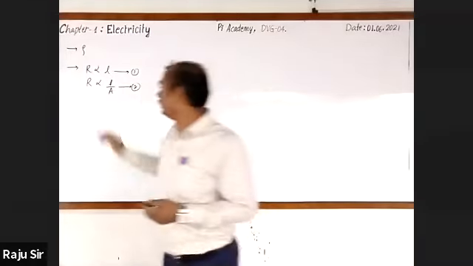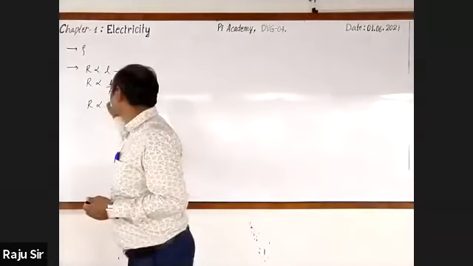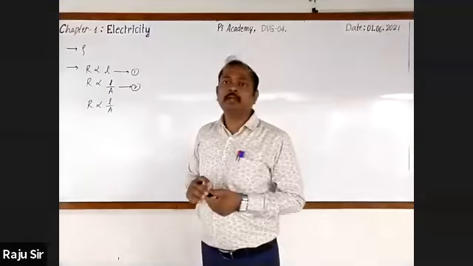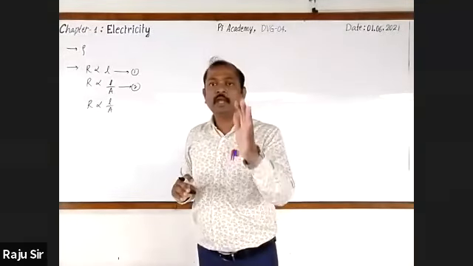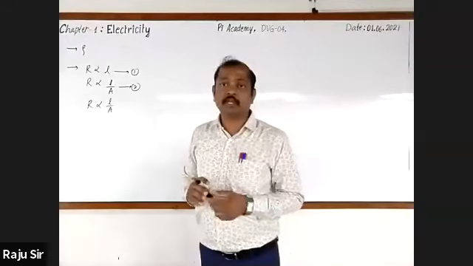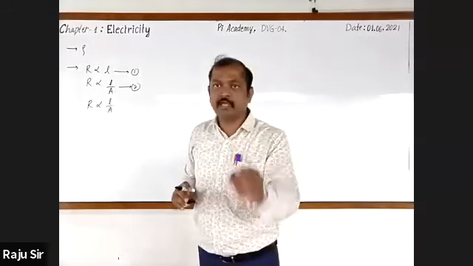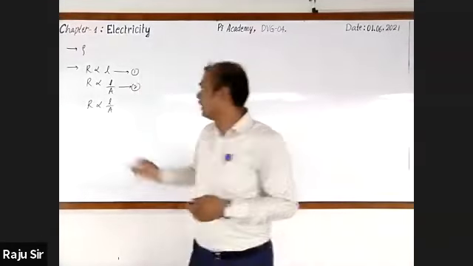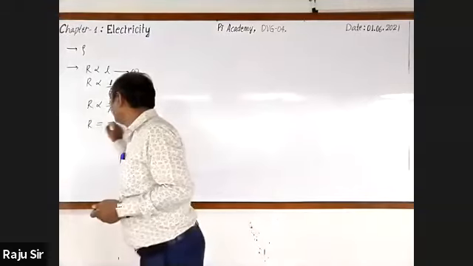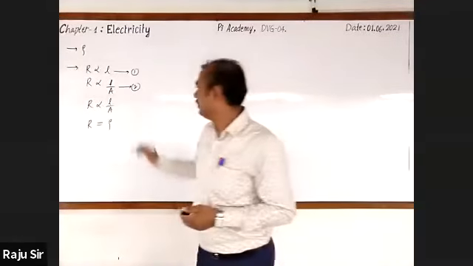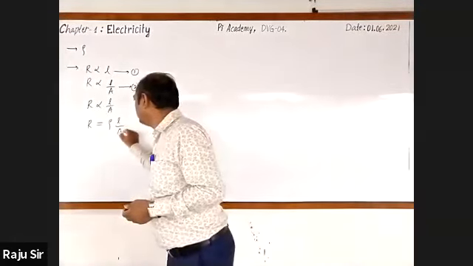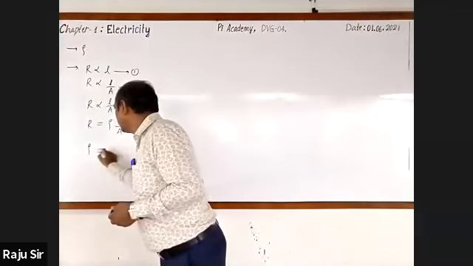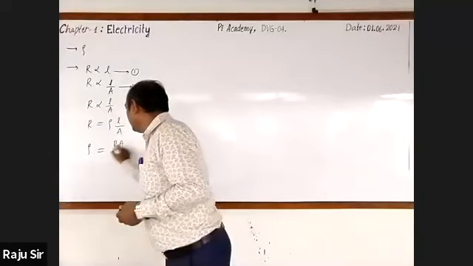From 1 and 2, you write R is proportional to L by A. To remove proportionality, you assume a proportionality constant, and we call this constant electrical resistivity, or simply resistivity, denoted by the symbol rho, a Greek letter. R equals rho into L by A. On solving for rho, that is resistivity, you get rho equals R into A by L.